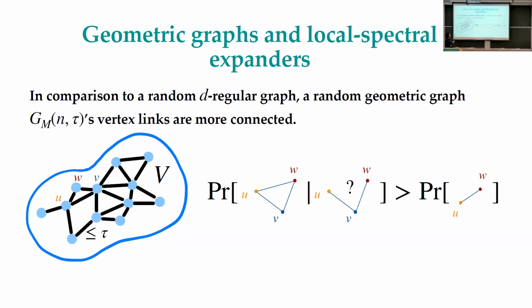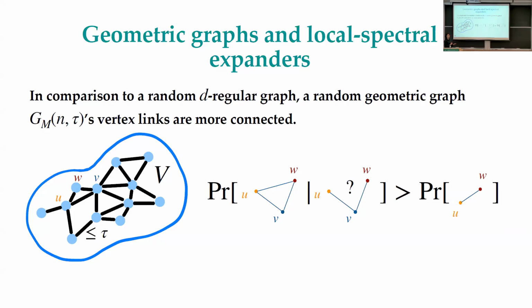However, if I tell you that this graph is a random geometric graph, which means that the point corresponding to u and the point corresponding to w are both close to the point corresponding to v, then if we pick the threshold τ small enough, by the triangle inequality we know that u and w have to be two points within 2τ of each other.